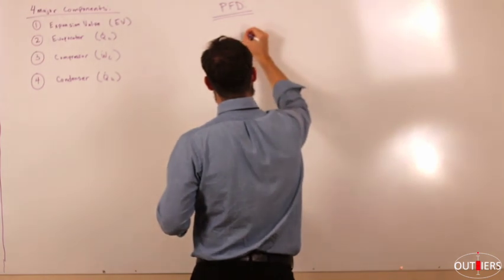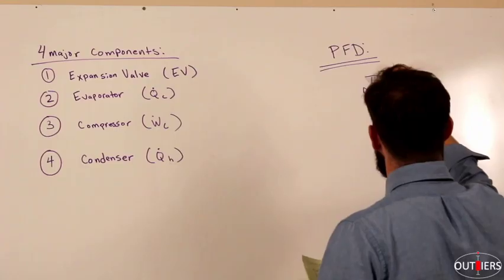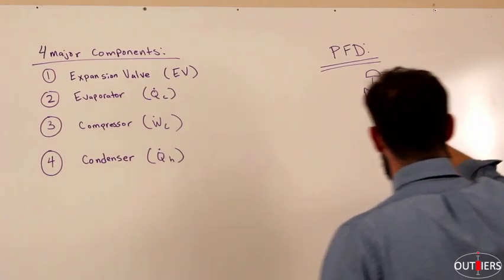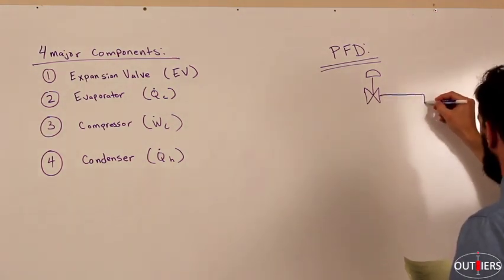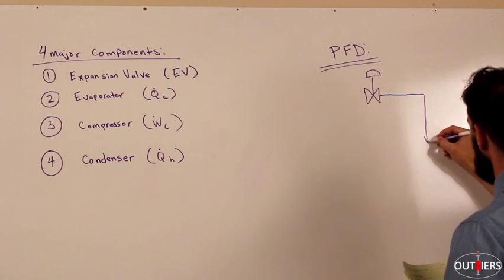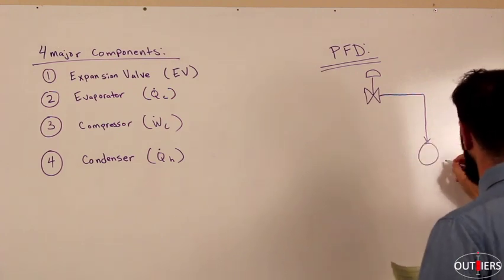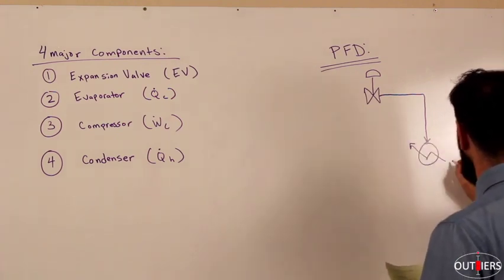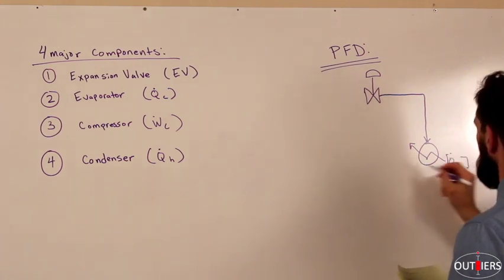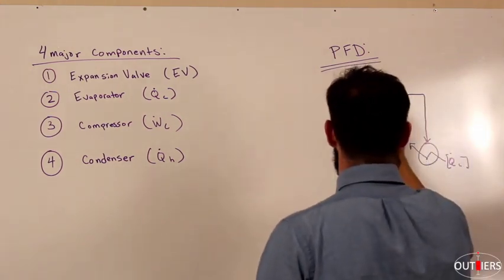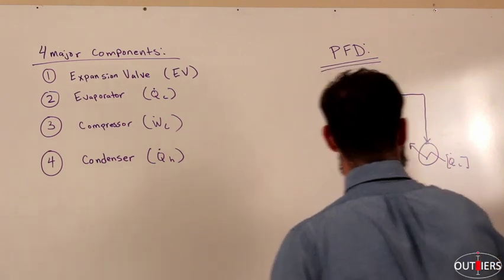So if we start here with our expansion valve, and coming out of our expansion valve, the working process fluid will then travel to our evaporator, QC. Let me put my abbreviations here on the expansion valve.